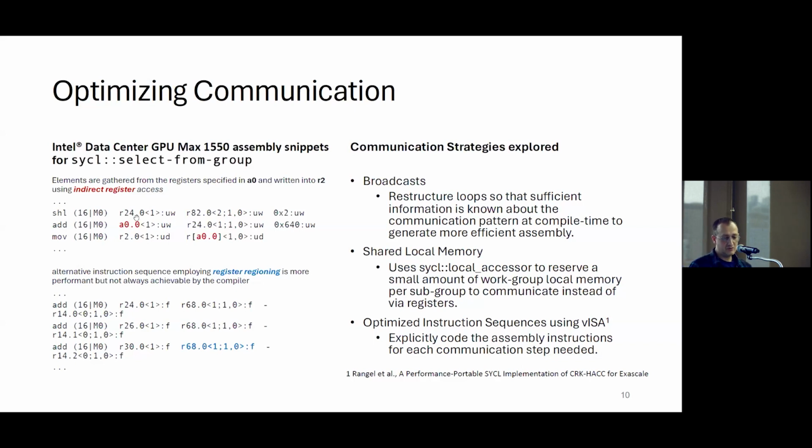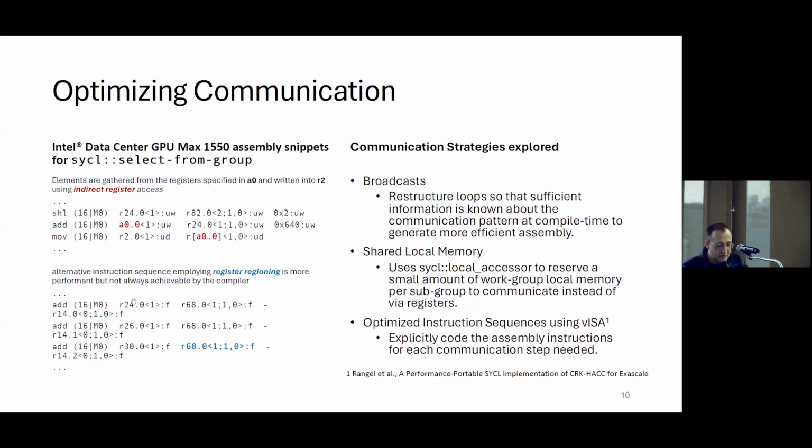And the thing to note here is the use of A registers, right? So when the compiler needs to do a shuffle pattern that it can't easily generate as a lane exchange, it will generate code that looks like this using these A registers, and this kind of indirect register access is notoriously slow.